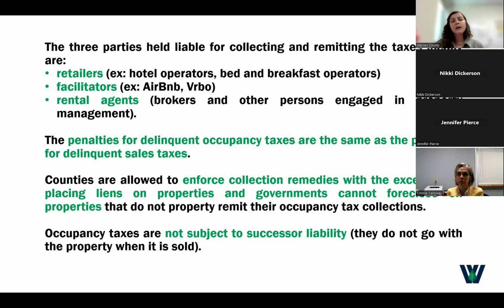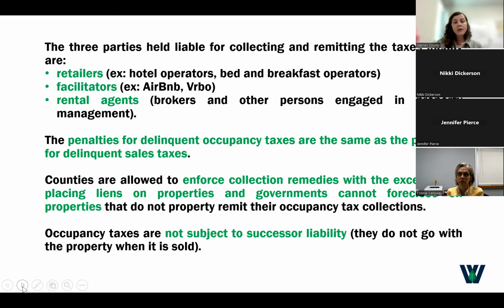Except governments are not allowed to place liens on properties or foreclose on properties. Again, this is not a property tax. And so the penalties and the collection remedies that might apply to properties do not apply for the occupancy tax. And as we said before, they're not subject to successor liability.